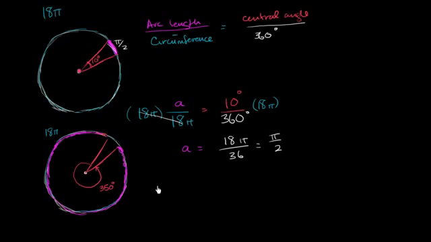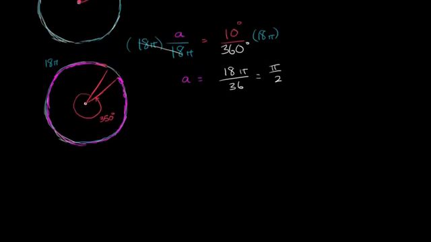The ratio between our arc length, A, and the circumference of the entire circle, 18 pi, should be the same as the ratio between our central angle that the arc subtends, so 350, over the total number of degrees in a circle, over 360.